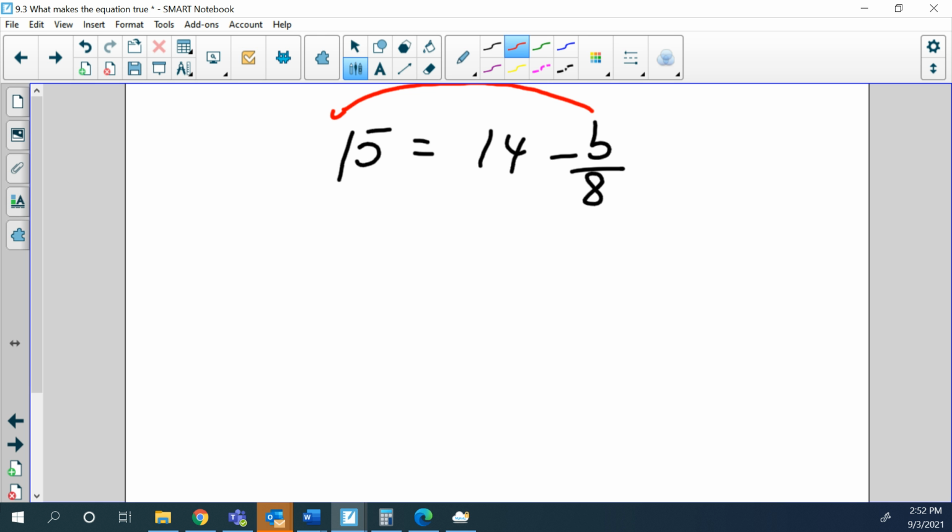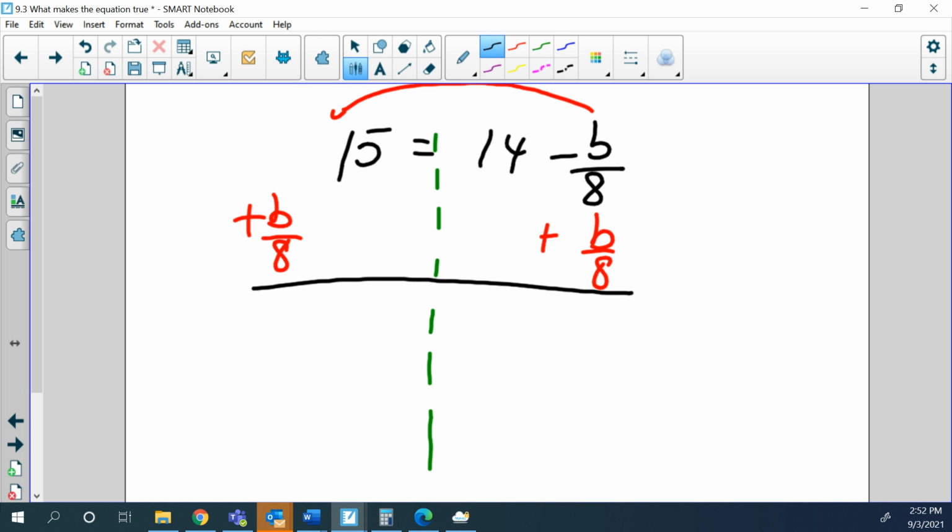How do I cancel that? Simple. I'm just going to add a plus because it's opposite operation, right? It's opposite operation, a plus b over 8. And then what I do to one side, I must also do to the other side, b over 8. And so if I draw my line now, right, this goes away just like that.